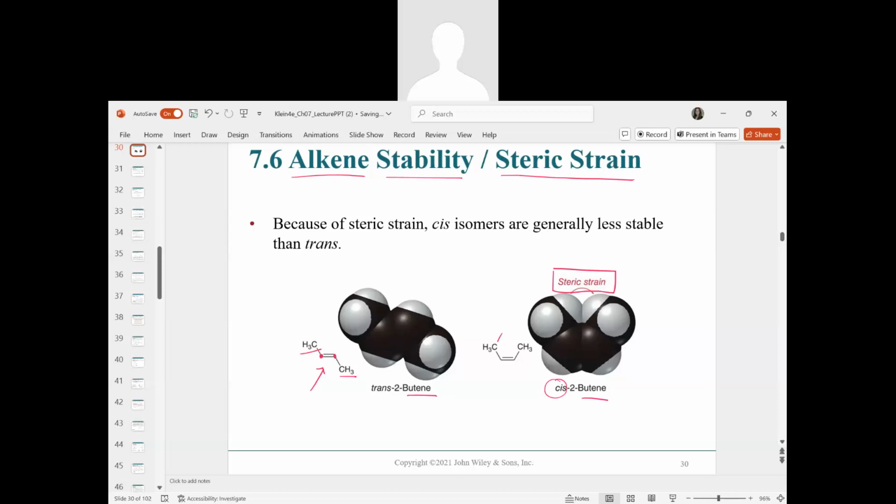So these two methyl groups are closer to one another, and this generally is less stable because it would be higher energy to produce this conformation of the compound. So this isomer again is generally going to be less stable because of that steric strain.